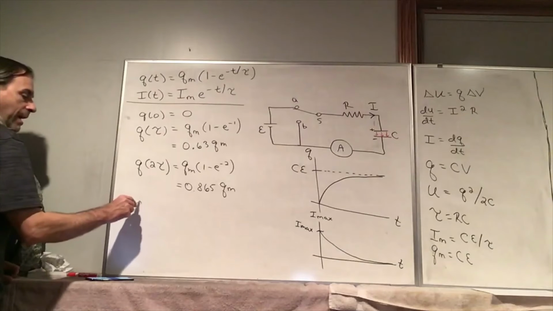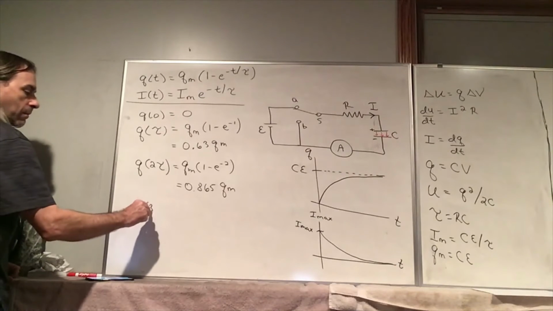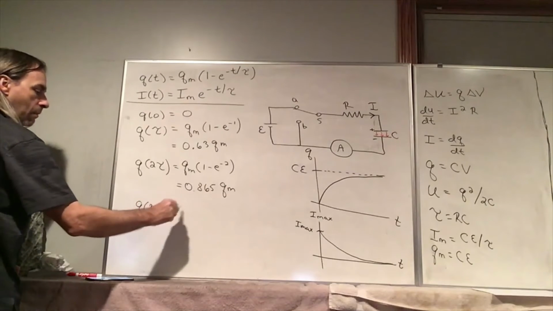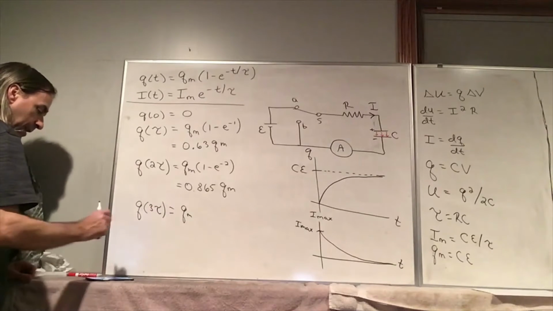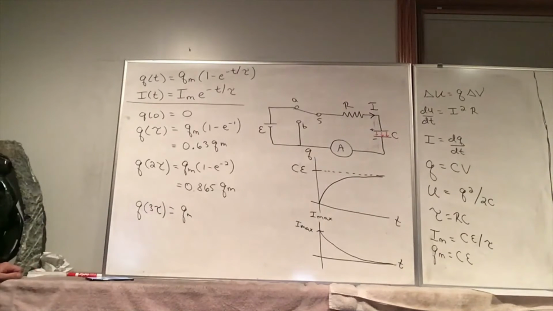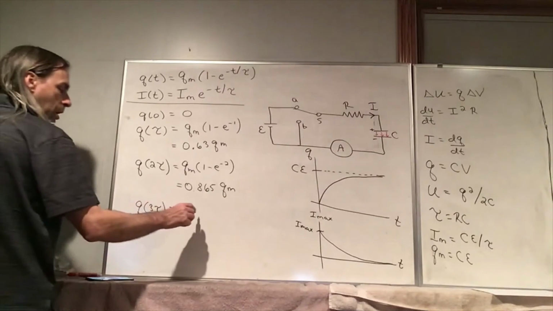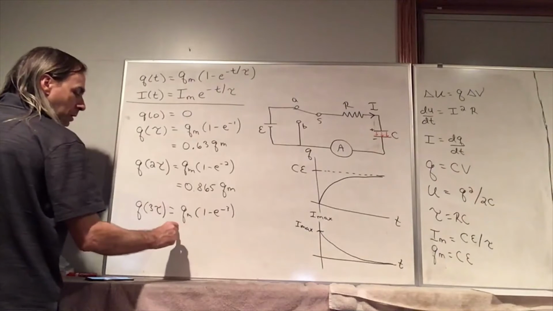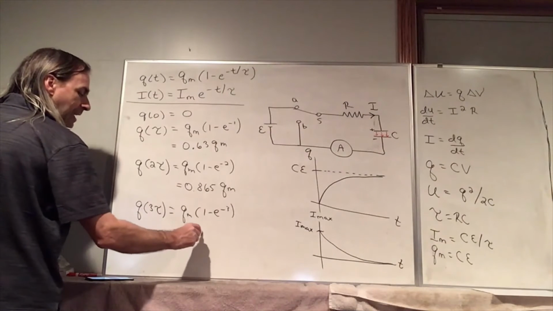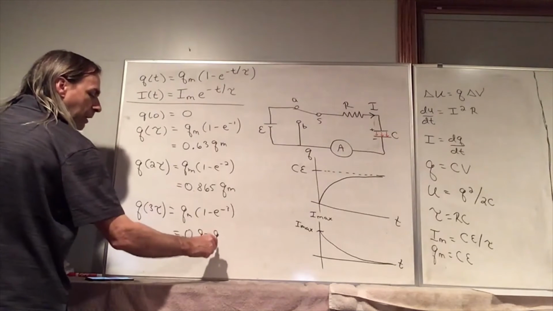And after 3 time constants, let's do e to the minus 3. That's 0.05. So this is going to bring us about 95% of the way.